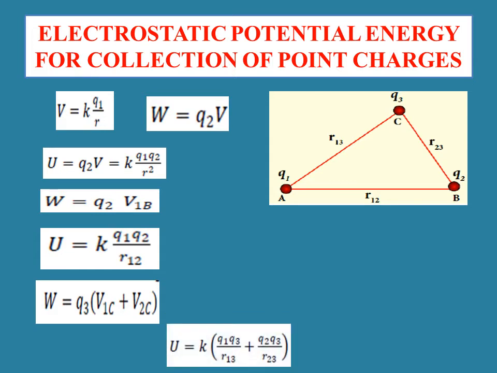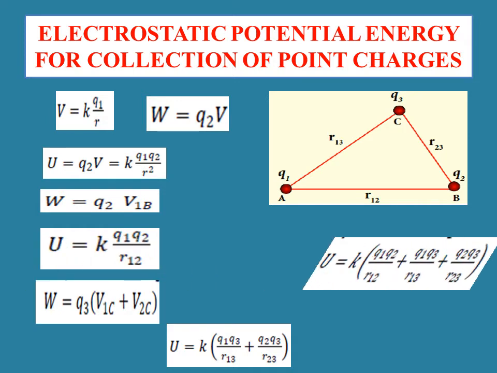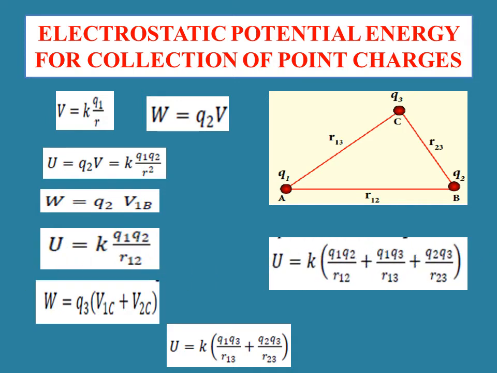Or in general, you write it as U is equal to K Q1 Q3 by R13 plus Q2 Q3 by R23, where R13 and R23 are the distances between the two charges. Now the potential energy between the three charges is represented as Q1 Q2 by R12 plus Q1 Q3 by R13 plus Q2 Q3 by R23.